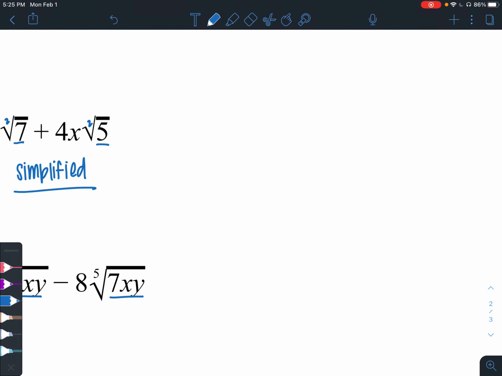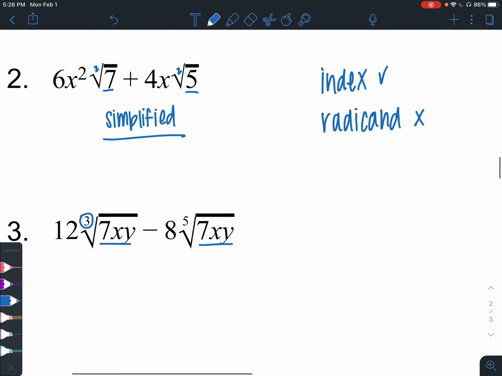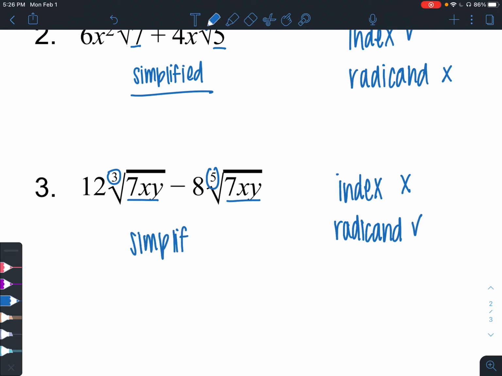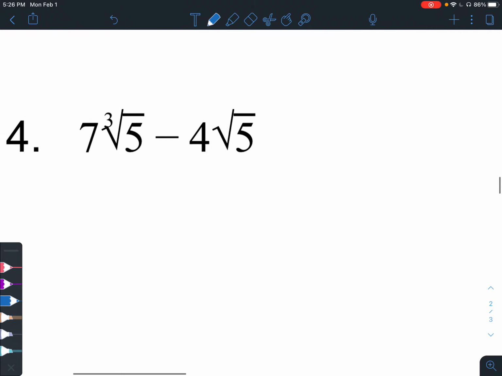I'm going to go ahead and say index, check, radicand. Our index is different, but our radicand is the same, but I have to have the same index and I can't simplify, so we are just going to say that this is already simplified.